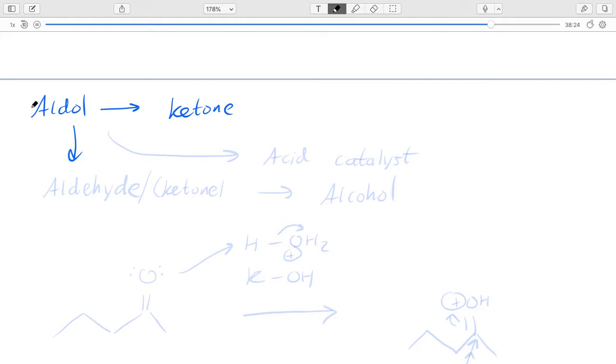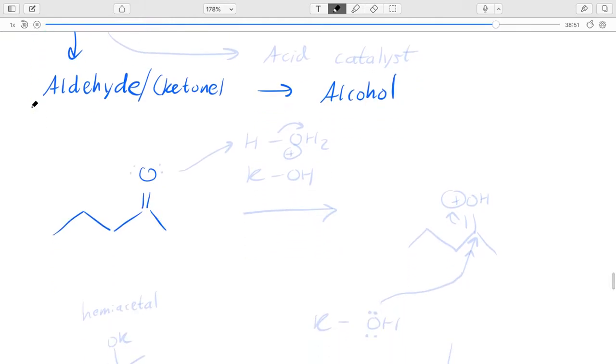So aldol specifically is reacting an aldehyde or a ketone with an alcohol. Let's just walk through the reaction.